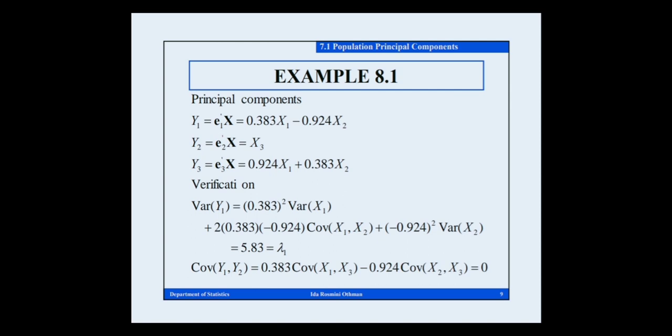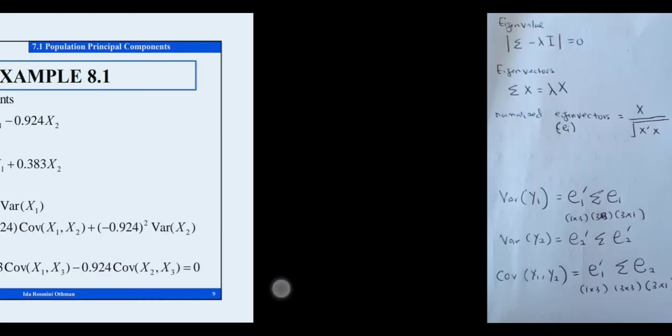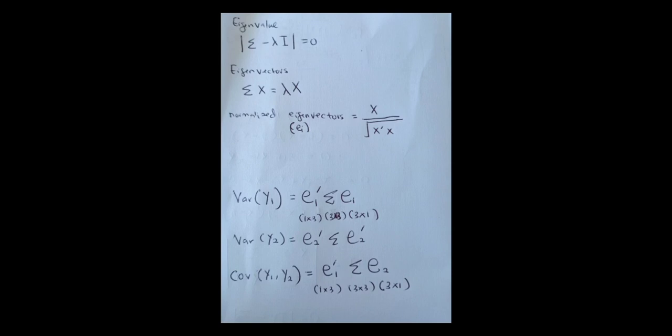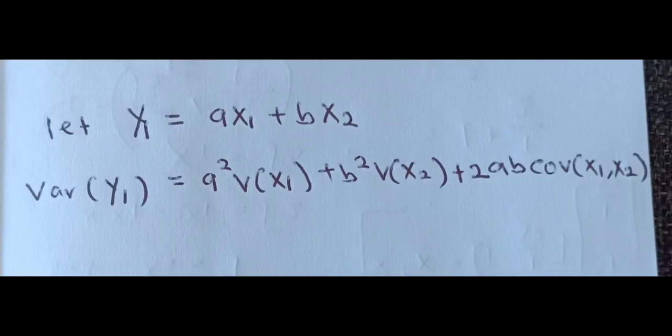Okay, so kalau you tengok dalam textbook you kat example 8.1, the way it finds the variance of y1 is like this. Boleh juga. Sama ada you gunakan this matrix of eigenvectors tadi, multiply dengan variance covariance matrix, ataupun boleh gunakan that formula. Let's say y1 equal to ax1 plus bx2 tadi kan.